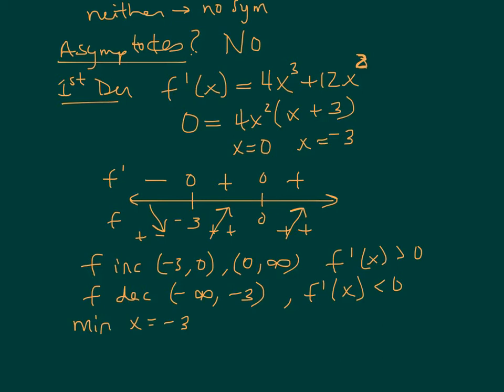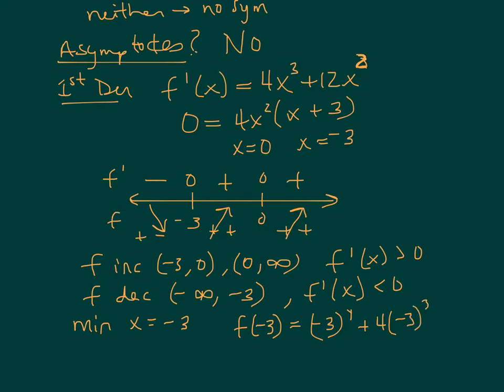Now, it would be helpful to actually determine the whole point for that relative min. Well, how do we do that? We know our x value. If I want the y value on the original graph, how am I going to do that? It sounds like I need to go back to the original function. So I want to determine what is f of negative 3. If I plug that back into the original, I get negative 3 to the 4th, and then plus 4 times negative 3 to the 3rd.